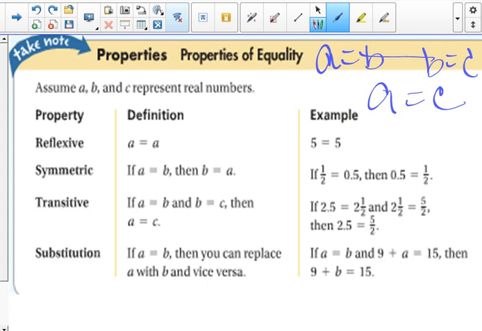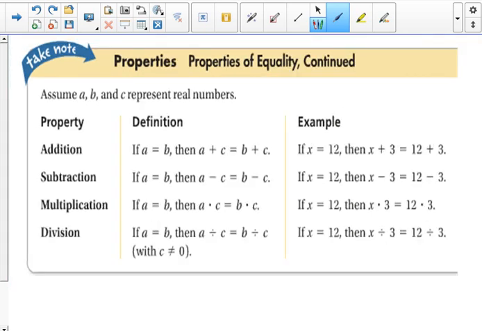So, that gets us into one-step equations. So let's look at a one-step equation and we'll look at how we solve. Before we do that, I want to show one more page here. I just put these up front to get them out of the way. Addition, subtraction, multiplication, division.